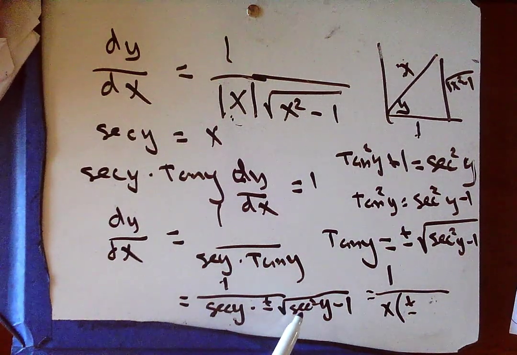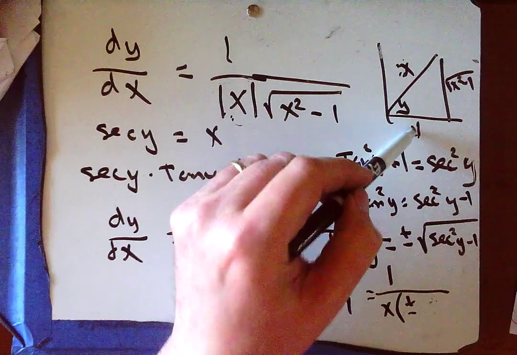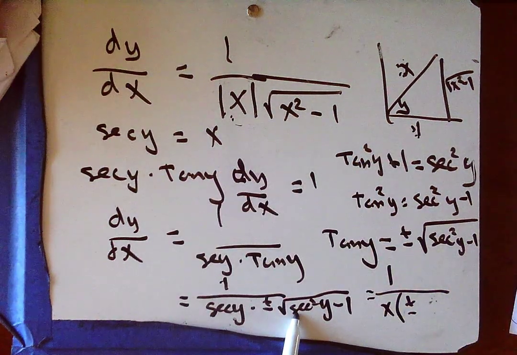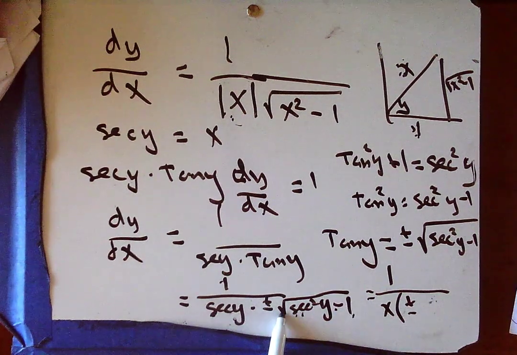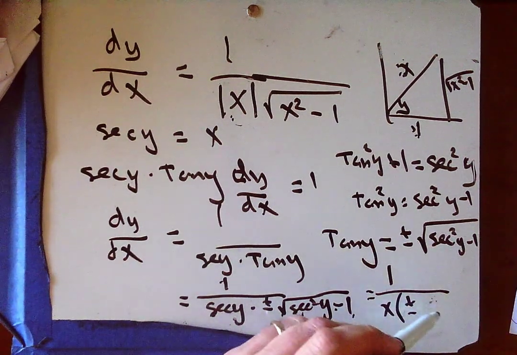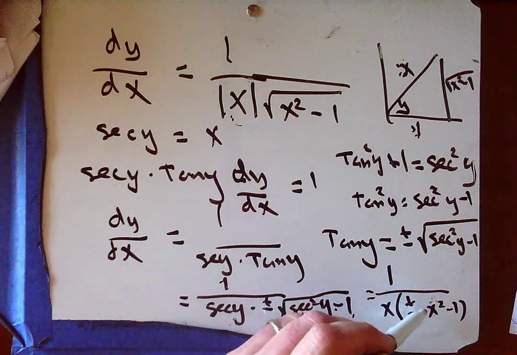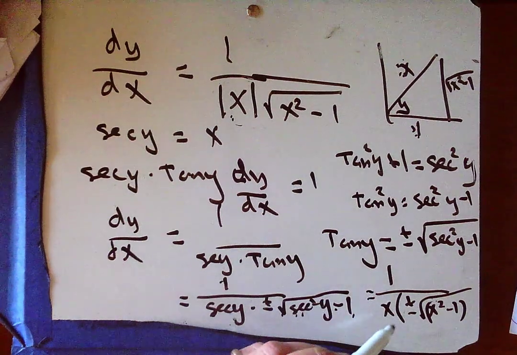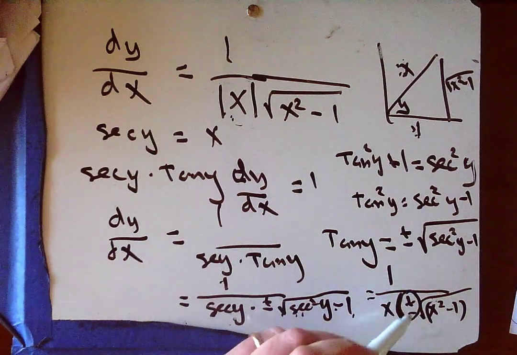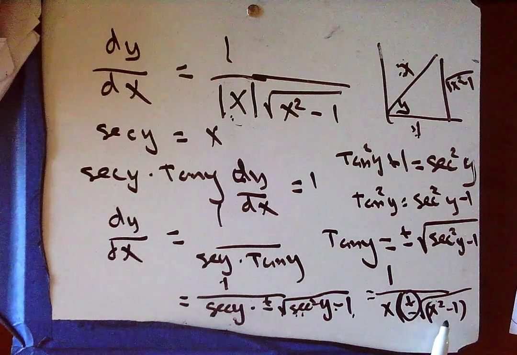So the secant of y is x. Secant squared is x squared minus 1. Undo that square root. X squared minus 1. Undo that square root. Cool. Almost there. Plus or minus. This thing here is always going to be positive.